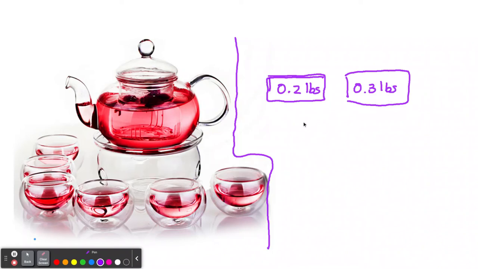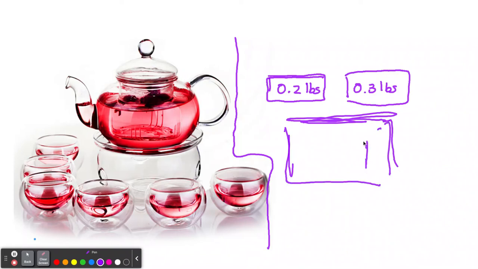Well, if you put them in a microwave, and here's our little microwave. Let's say you put them both in the microwave. It's a weird looking microwave, but okay, whatever. After 1 minute, which one will be hotter? What do you think? Who wins the prize?